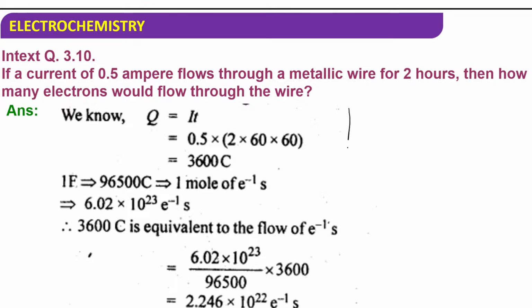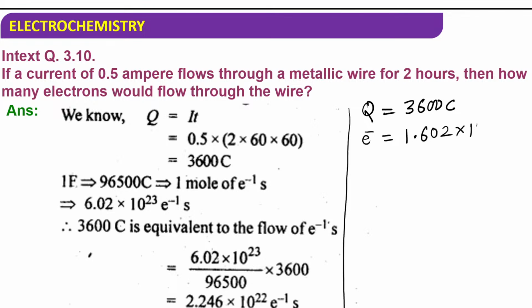You can do it like this also. The quantity of electricity is 3600 coulombs. And the charge on 1 electron is 1.602 into 10 raised to minus 19 coulomb.